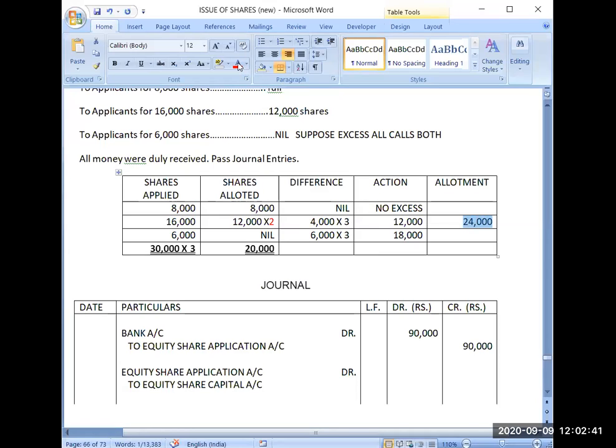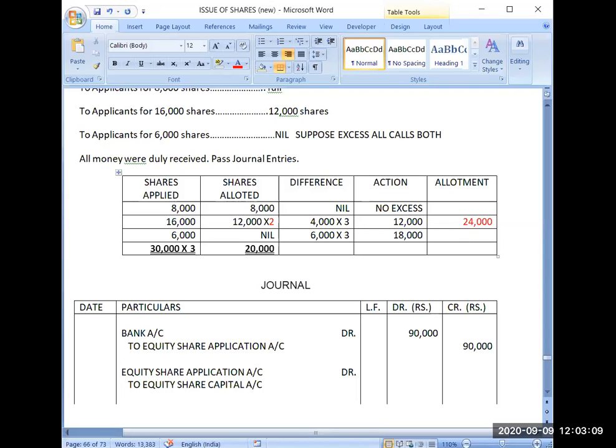How much I need on allotment. Only then I will be able to know whether I am having excess money more than allotment or less than allotment. If I am having excess money more than allotment, then two decisions I can take. Either I will be transferring that excess to calls, or I have to return that amount in my second journal entry only. So now what to do with this 18,000?